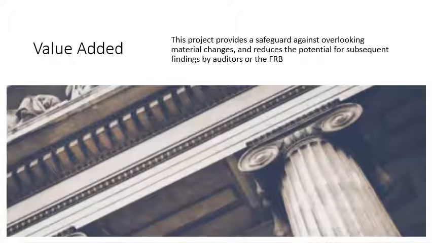So now that this project is complete, it does add a lot of value to my banking organization, as it provides a framework to safeguard us against overlooking any material changes, and it reduces the potential for us to have findings or MRAs, which is definitely a value that the organization could use.